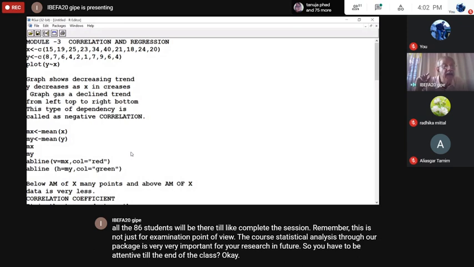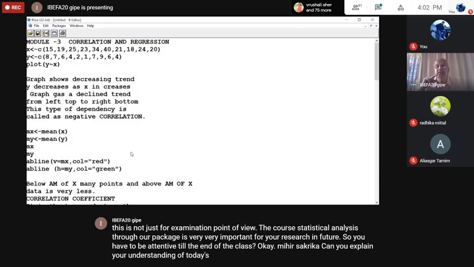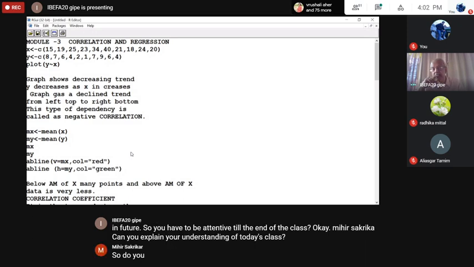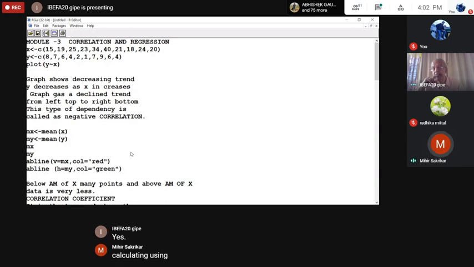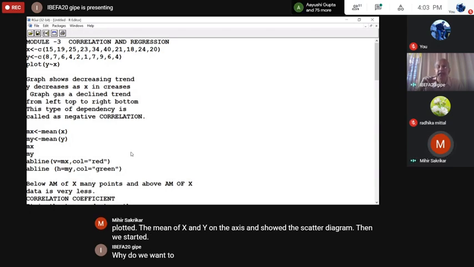Mihir Sakrikar, can you explain your understanding of today's class? Sir, you started with correlation and regression using R, and then plotted the mean of x and y on the axes and showed the scatter diagram.